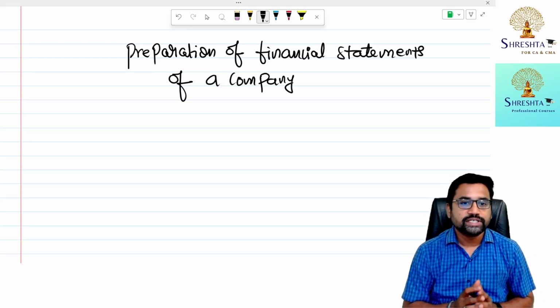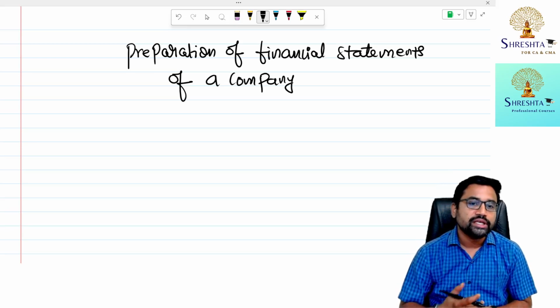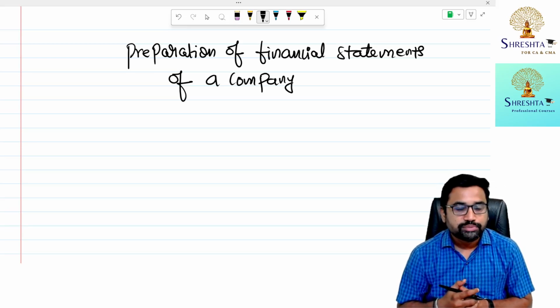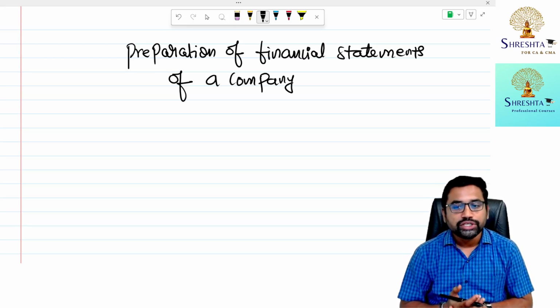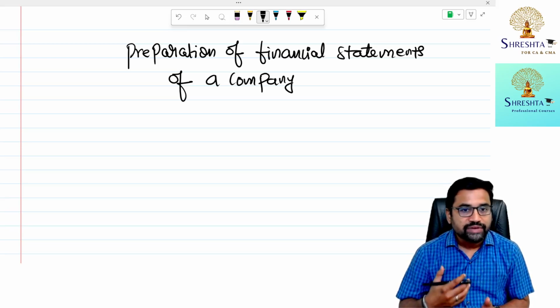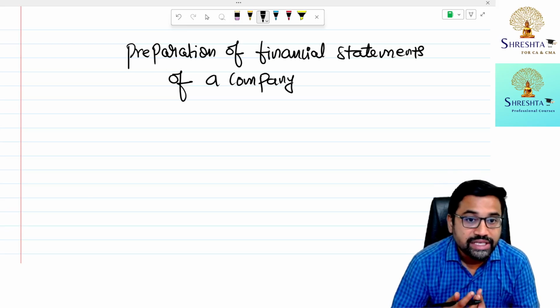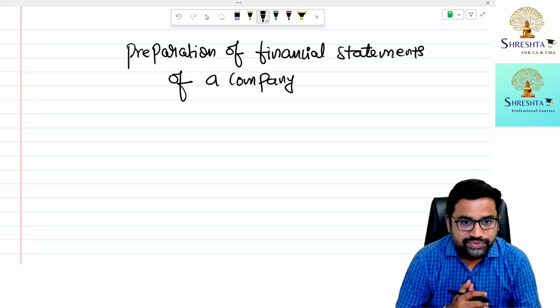In the first chapter we learned what a company is, what the features of a company are, and the concept of share capital, how accounting is to be done when a company issues shares, and we have learned what the accounting treatment is when there is a forfeiture of shares, and when there is a reissue of the forfeited shares. All those things we covered.